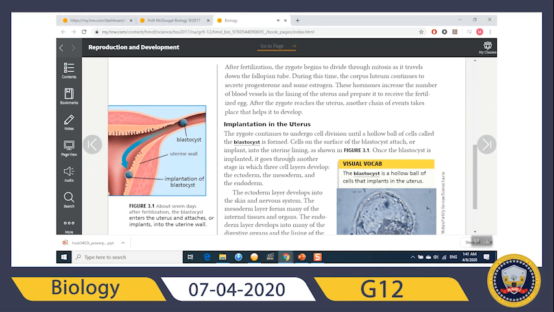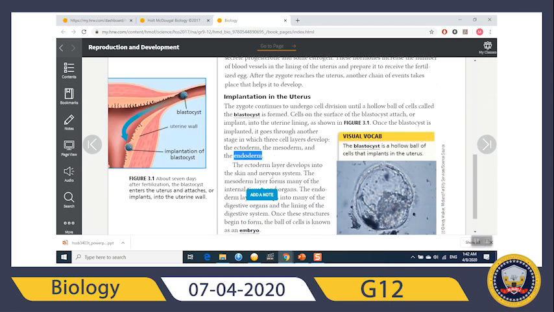So the blastocyst will form and attach to the lining of the uterine wall. Once it's attached and implanted, three layers will develop: the ectoderm, mesoderm, and endoderm.